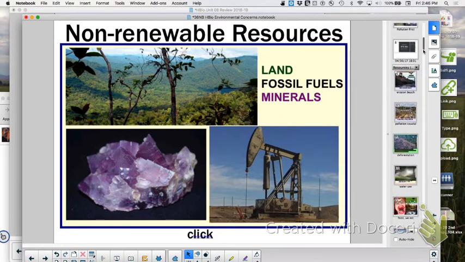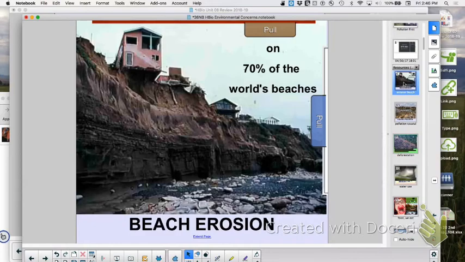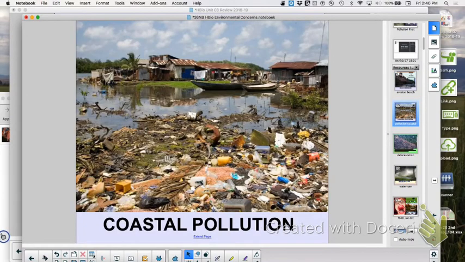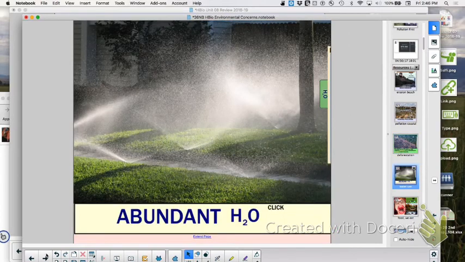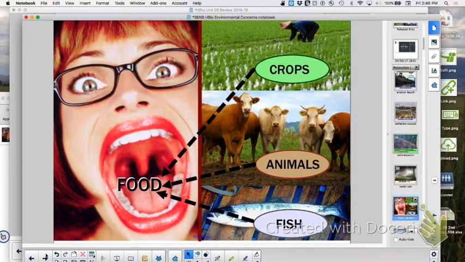Then we started looking at all the ways we are destroying our resources. So we went into a whole thing about land, beach erosion, pollution on our land, deforestation. We talked about loss of water or access to water.